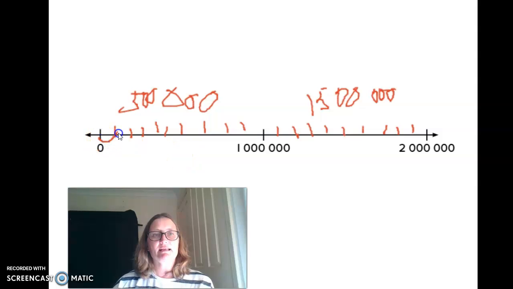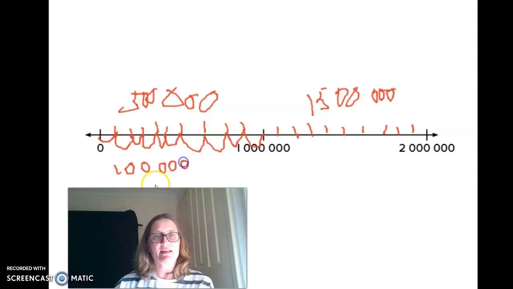If we were to break it up into that, how many parts am I actually jumping? What am I indicating by each of these jumps if I've broken up my number line into 10 equal parts? Well, each of these parts is going to be 100,000, isn't it? Each jump I'm making is 100,000.